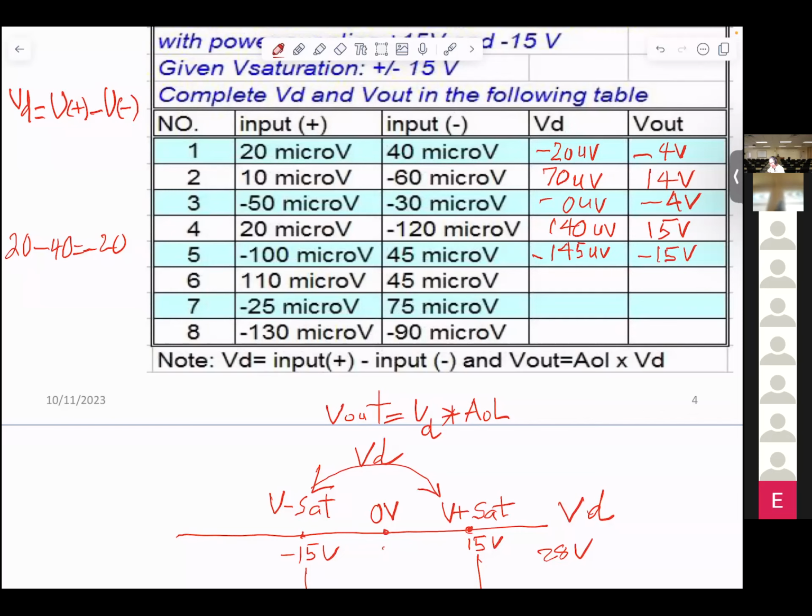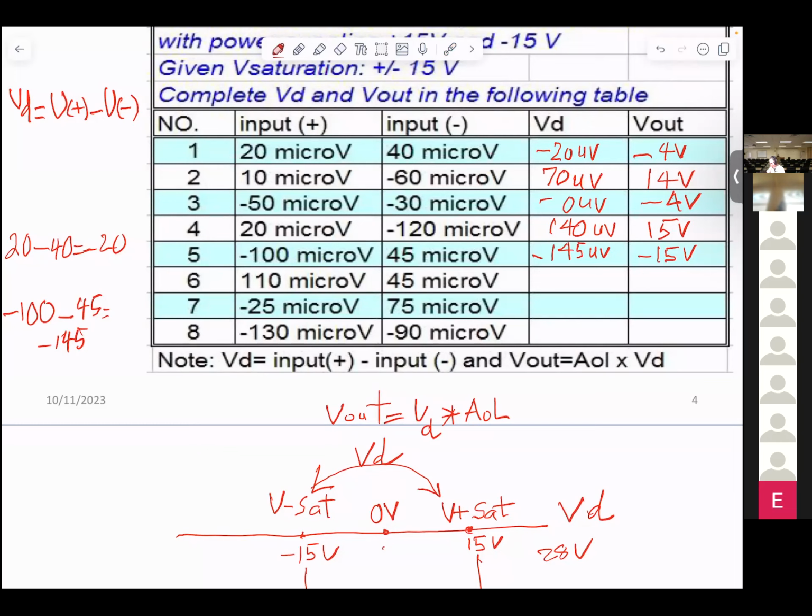Yeah, the thing is you take a minus 100 minus V negative, that means 45. Minus a minus 40? Well, no. How come you get a minus? They are positive. Yeah, 40. Negative and a positive is a negative. That's right.